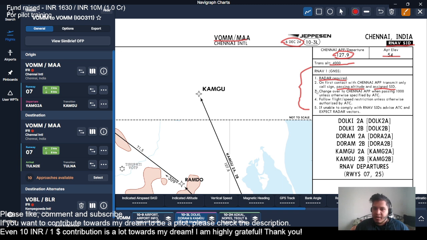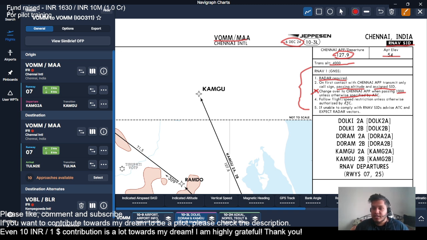Now there is an automatic handover at this particular point. Change over to Chennai approach when passing 1000. So when you pass 1000, you will automatically change over to the approach frequency, unless otherwise specified by the tower, right? This is a kind of automatic handover in Chennai.